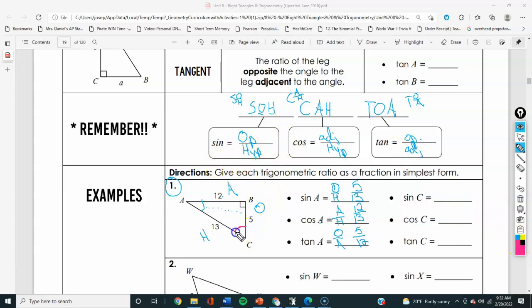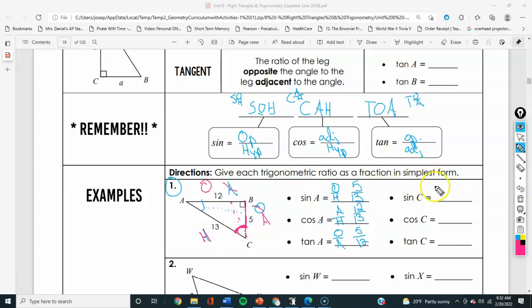Now when I go to C, my hypotenuse is always the hypotenuse. But now the side opposite C, that's not touching it, is 12. So this becomes my O. And this becomes my A, because it's touching that angle. It's next to it.